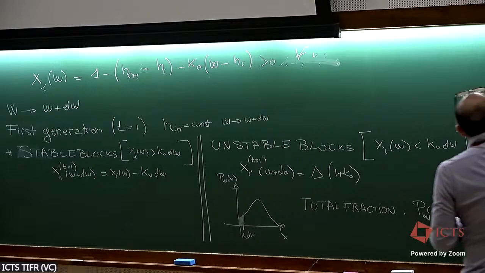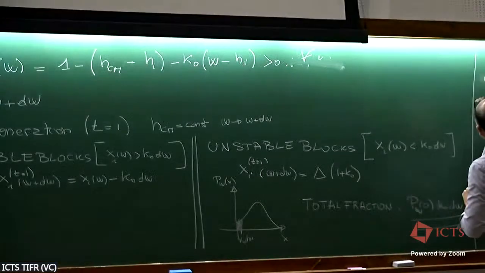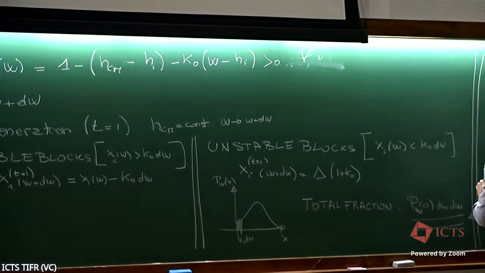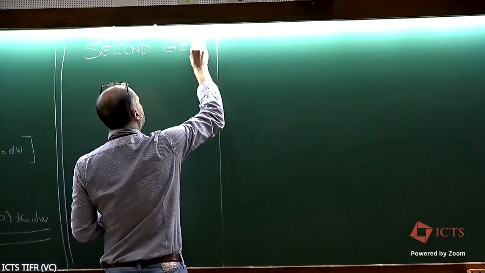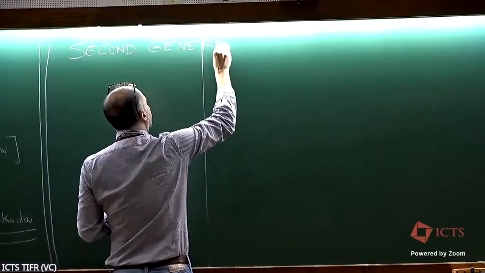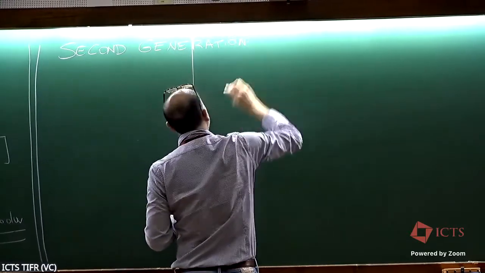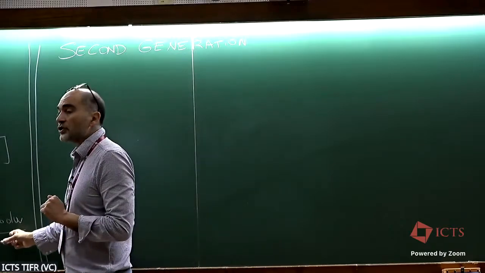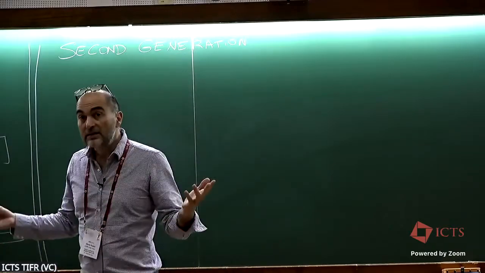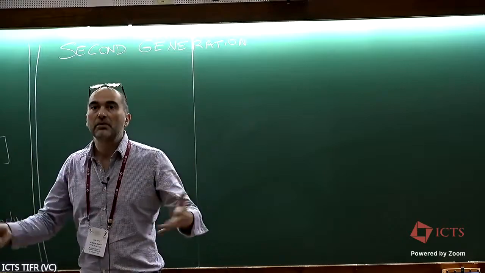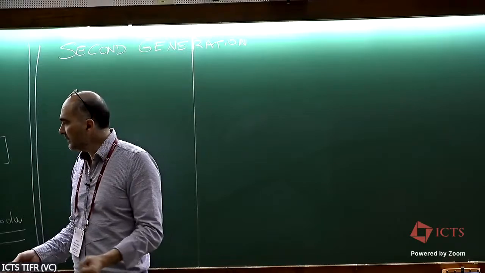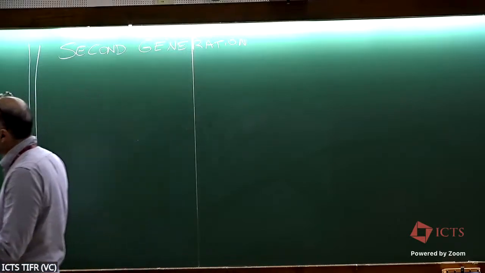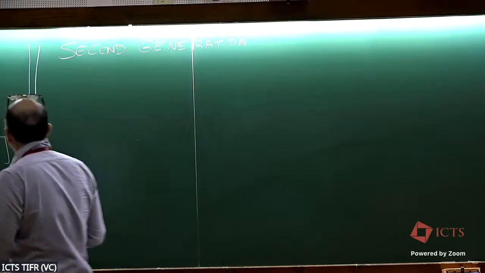Now let's look at the second generation. This fraction of sites moved, where L is infinity, so there is a huge number of sites that move at the first generation. And now we are in the quasi-static protocol.